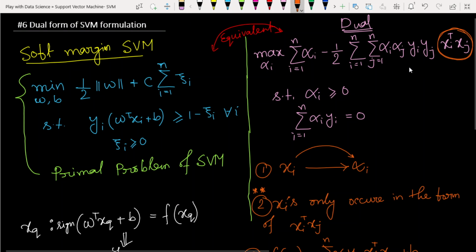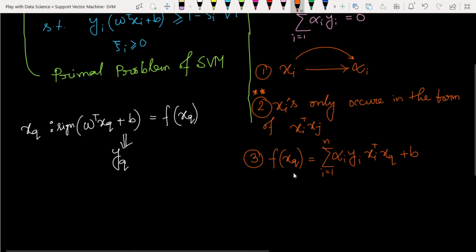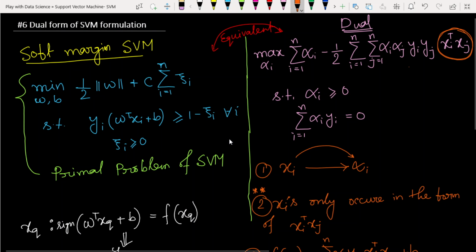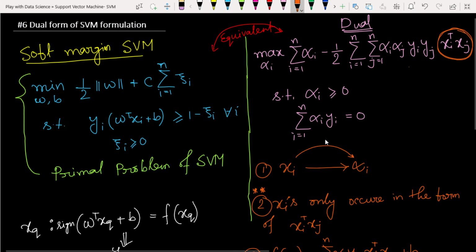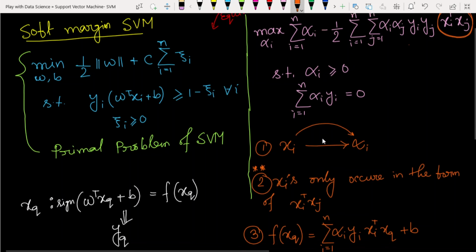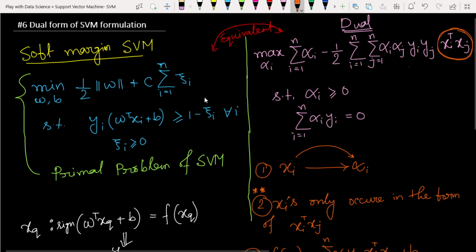This is just a sample. If you are interested in how it comes about, go to Wikipedia or any SVM book, and you can easily find how these query functions arise from the dual problem. That is not the scope of this lecture. I am just comparing these three equations side by side to show how they are equivalent.